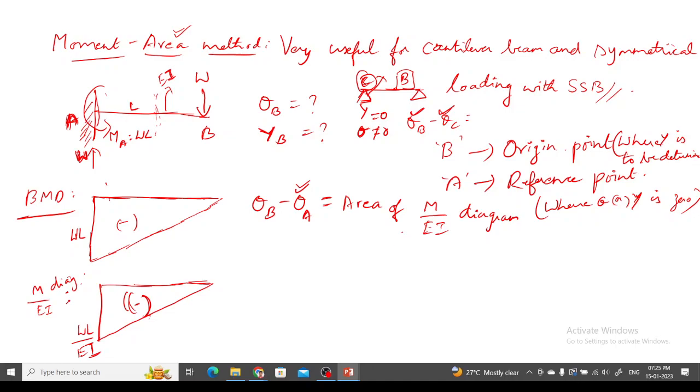So theta B minus theta A is nothing but the area of the M by EI diagram. And similarly, YB minus YA is nothing but the first moment of area of the M by EI diagram, which is nothing but A X bar of the M by EI diagram.